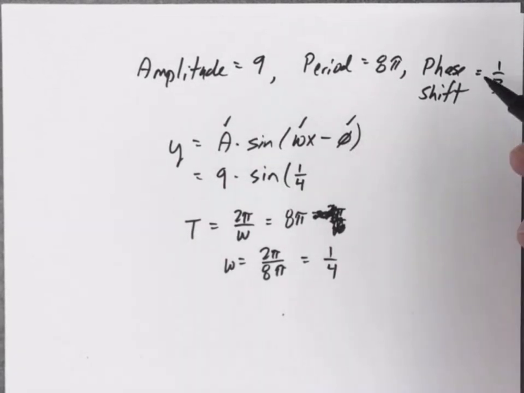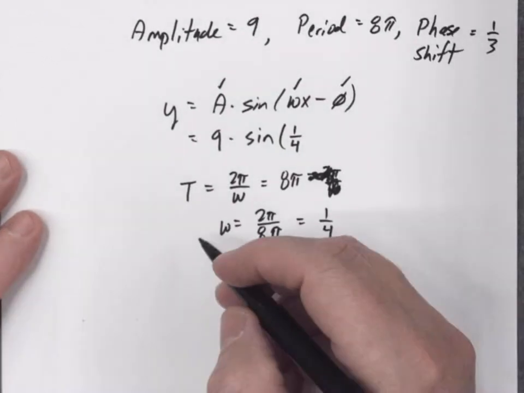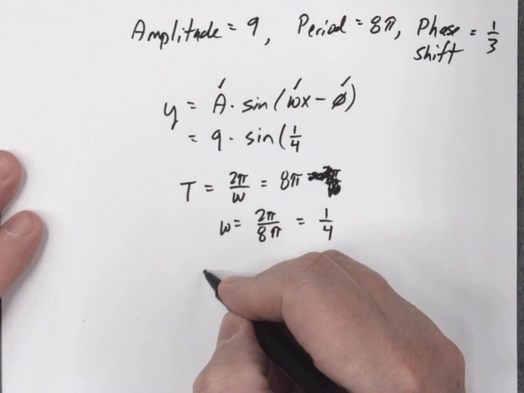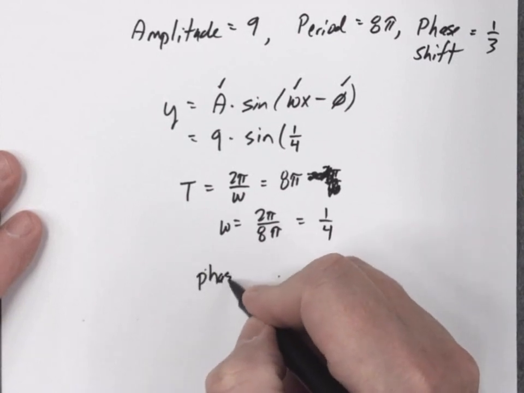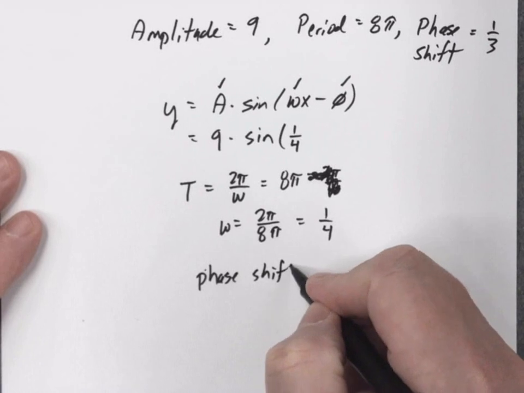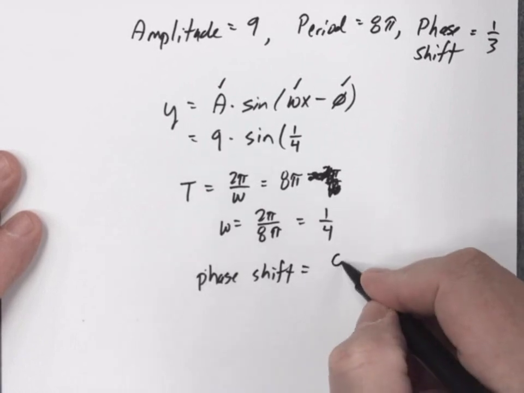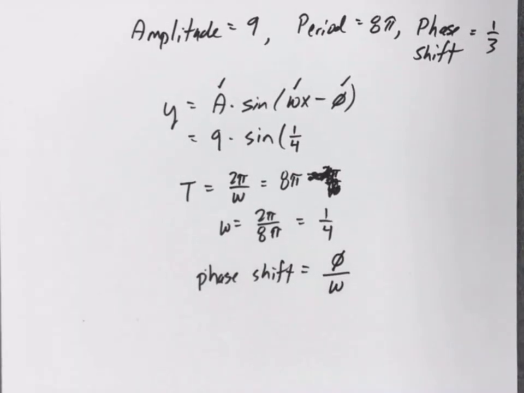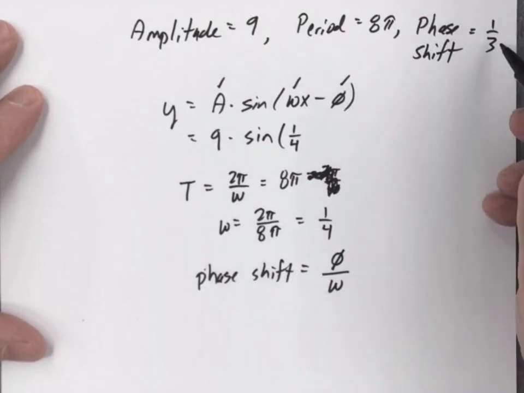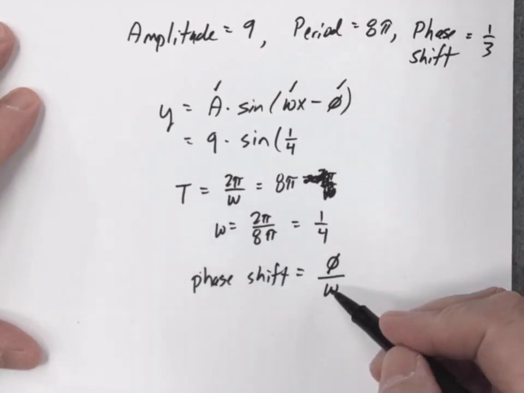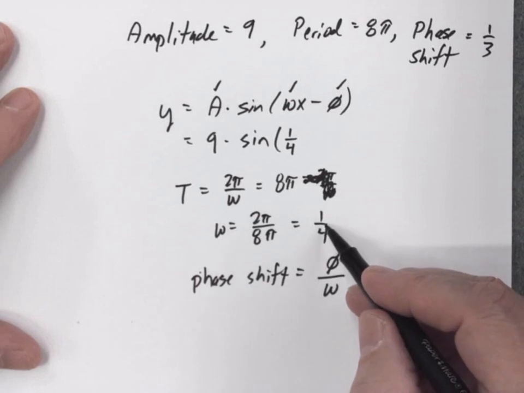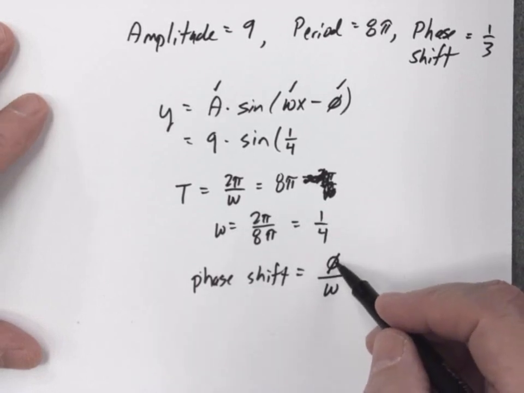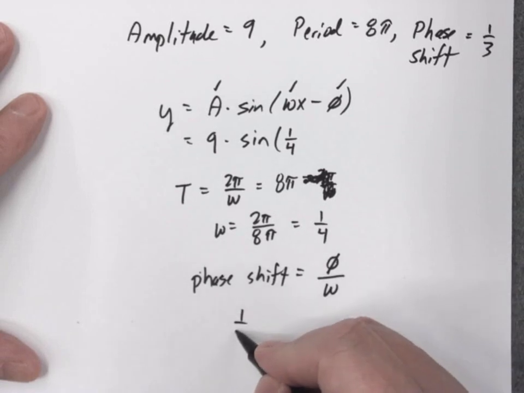And finally, if I can figure out phi, then we'll be done. Remember the little formula for phi. Phi involves the phase shift. The phase shift is actually phi over omega. They gave me the phase shift of 1/3, and we just figured out what omega is, so we can solve for phi. So the phase shift is 1/3.